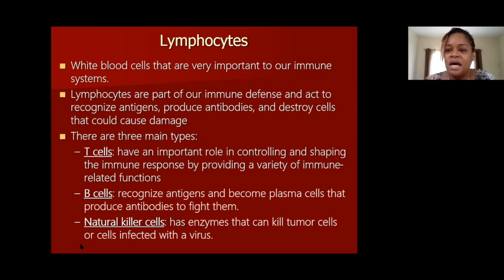The lymphocytes are generally found in your lymph nodes at different parts of your body, and they come into action after an infection has taken place in most cases. So like I said, our phagocytes are on the front line, and our lymphocytes are the more strategic white blood cells that help in your body's long-term immune response.